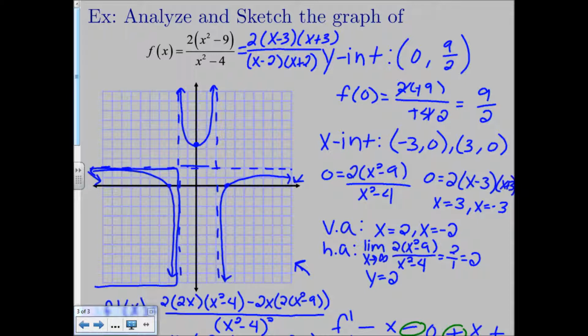A thing that's really important for curve sketching is knowing how to combine those increasing, decreasing with concave up and concave down. So we have 4 different types of curves that we could see. If we're increasing and concave up, we're going to look something like this. And if we're increasing and concave down, we're going to look something like this.